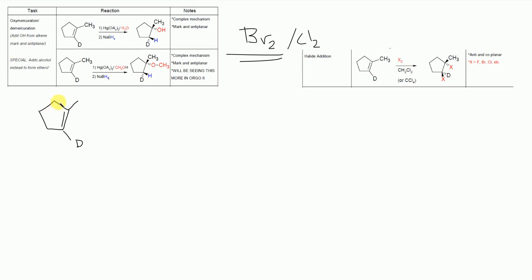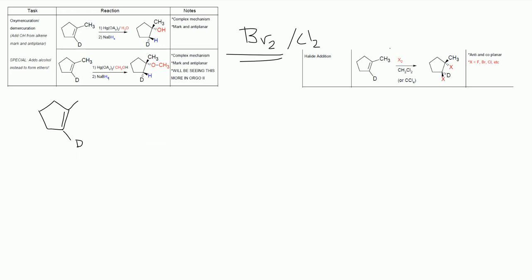The way this works is, let's take a look at what Hg(OAc)2 is. This is what we call an oxymercuration-demercuration reaction. What this Hg(OAc)2 looks like is this.